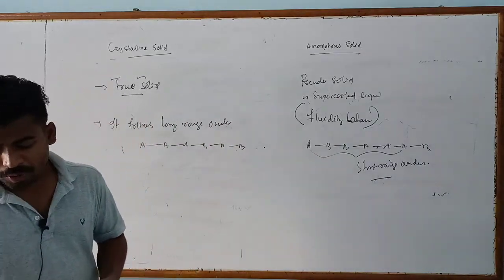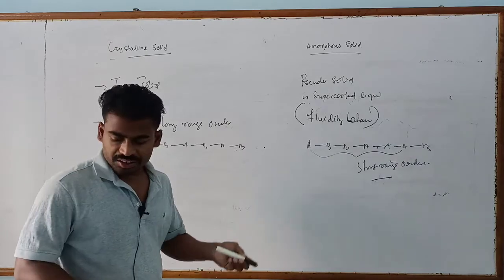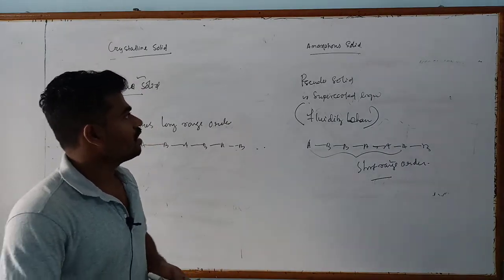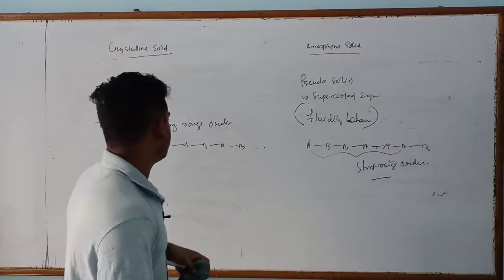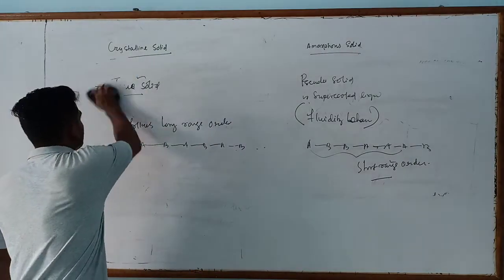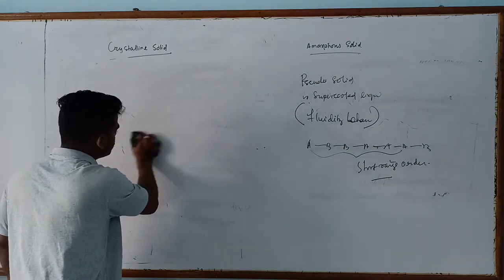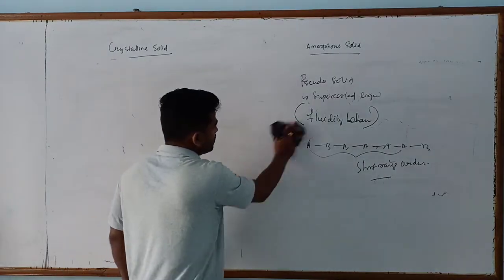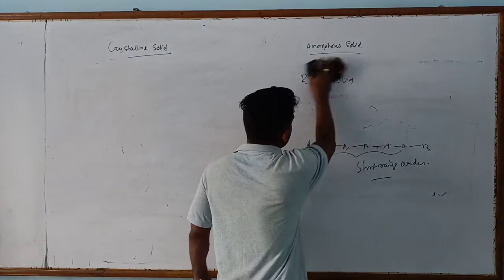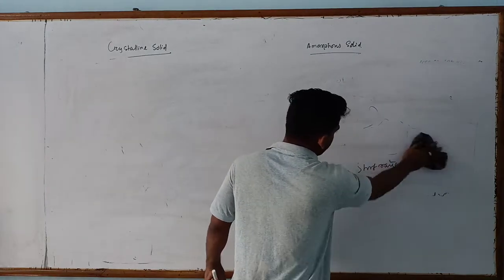So amorphous solids are, you know, rubber, or you can consider glass, quartz. And crystalline solids are, you know, all metals, and generally all solids are crystalline in nature. These are known as true solids. Crystalline solids have sharp melting point and boiling point, and a definite heat of fusion.